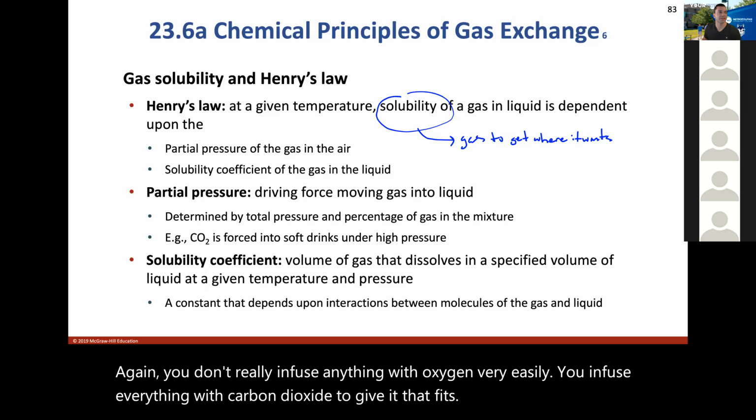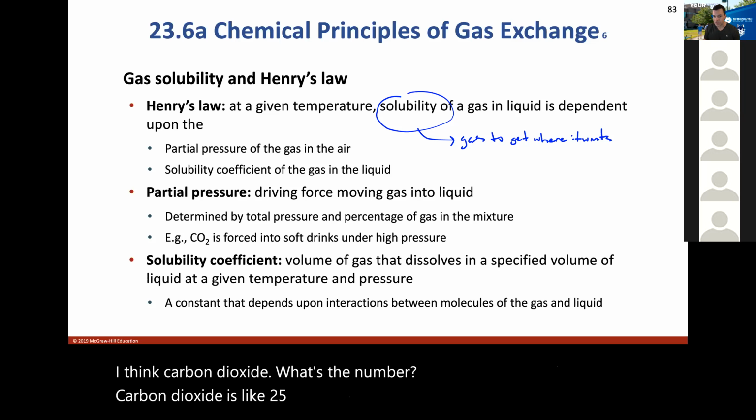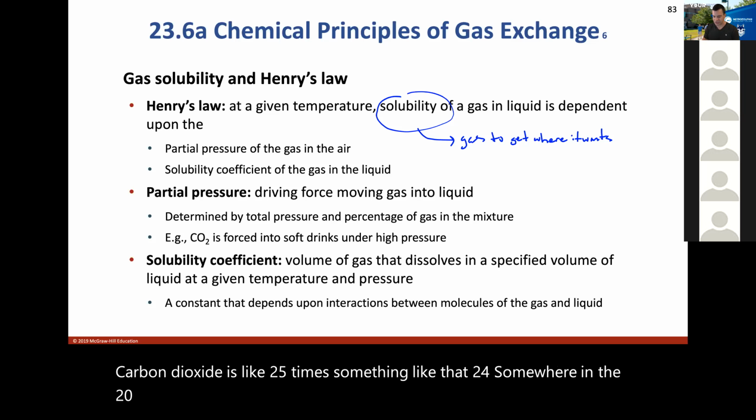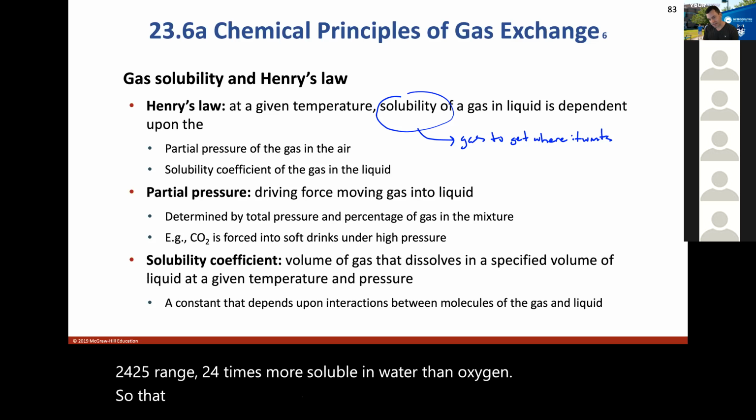Carbon dioxide is something like 24 or 25 times more soluble in water than oxygen. So that makes carbon dioxide want to get into the fluids.